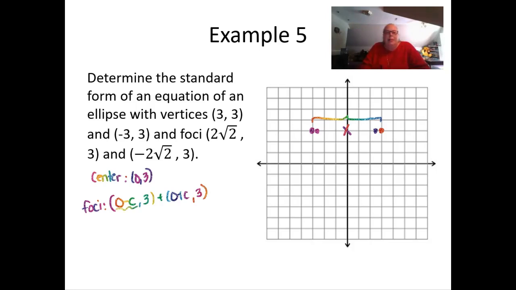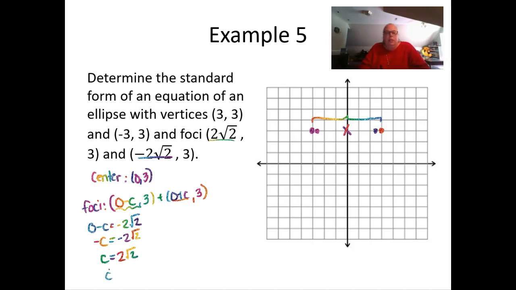Well, 0 minus c, that's just negative 2 times the square root of 2. And 0 plus c, that's just going to be positive 2 times the square root of 2. If negative c is equal to negative 2 times the square root of 2, then positive c is going to be equal to positive 2 times the square root of 2. There we go. All right, that's what I need.